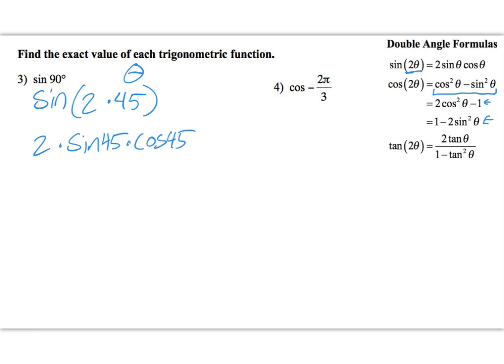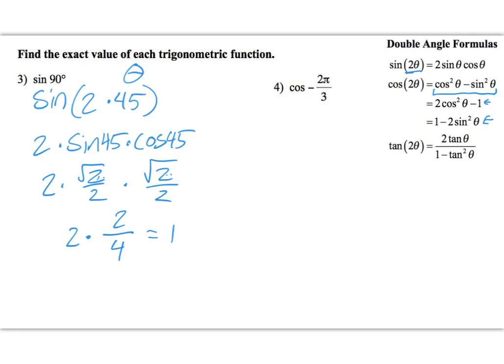When we do this, we've got 2 times root 2 over 2 times root 2 over 2. Root 2 times root 2 is 2. 2 times 2/4 is 1, which we also know is equal to the sine of 90 degrees.